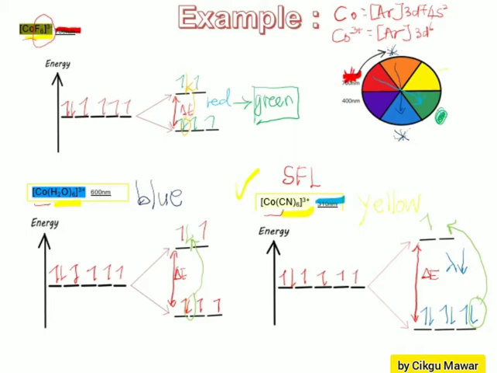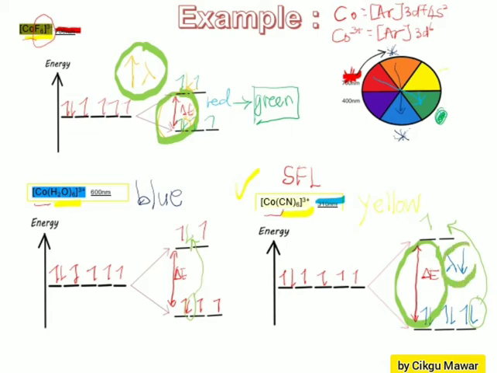As a conclusion, for a smaller energy difference, it will give a longer wavelength, while a higher energy difference will give a shorter wavelength.